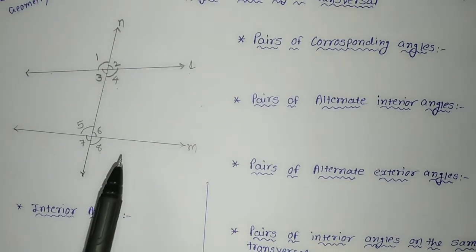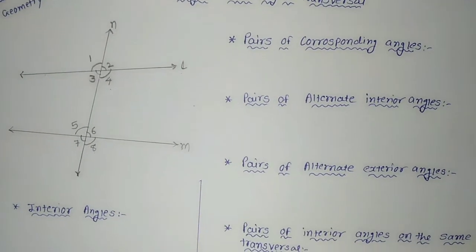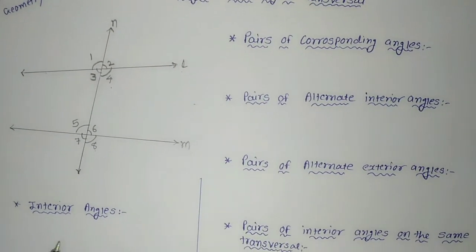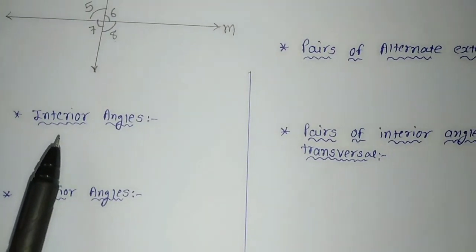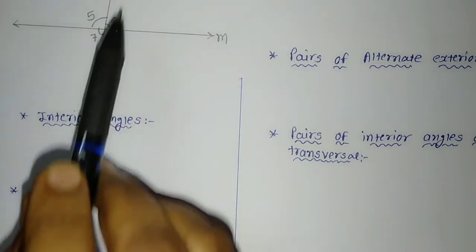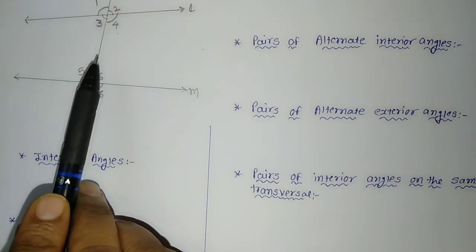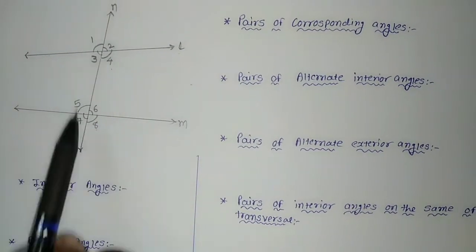Now there are different types of pairs that we need to write and understand, which we are going to discuss here. First of all, we'll see the interior angles. What is the meaning of interior? Inside. Can you see this figure and identify the interior part? These are two lines, and this is the transversal.